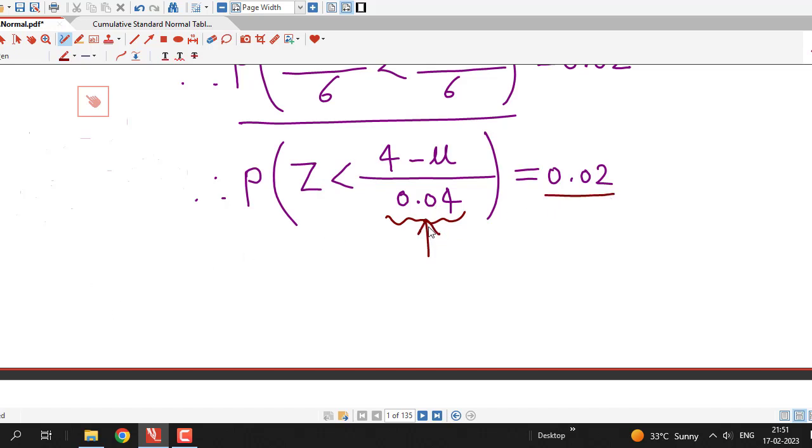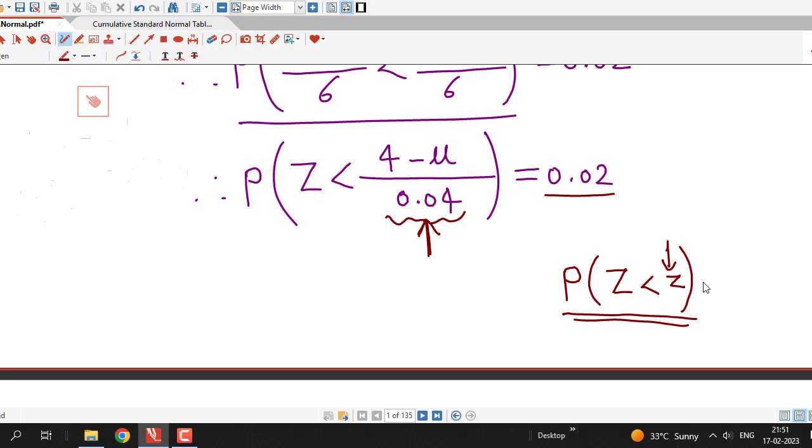So to find this value, (4 minus mu) over 0.04, in which mu is unknown, we can use the standard cumulative normal probability table. We know that we have cumulative probability tables for this type of cumulative probabilities. Areas to the left of a point Z are given in the cumulative probability table.